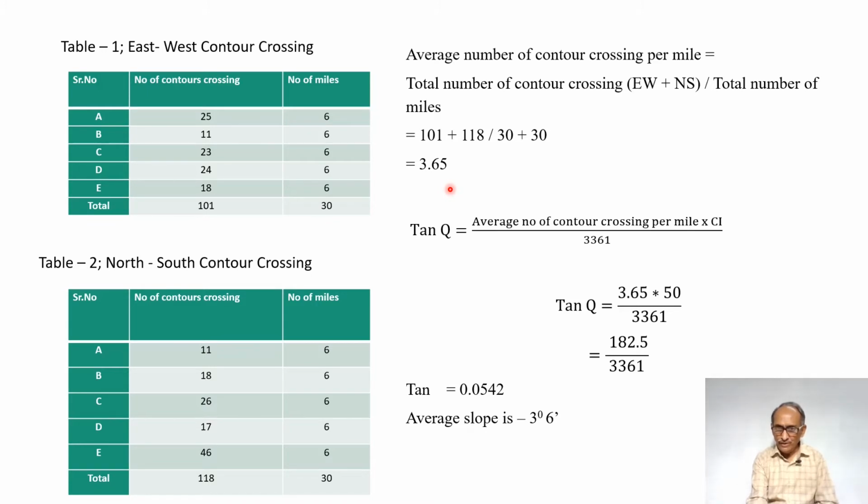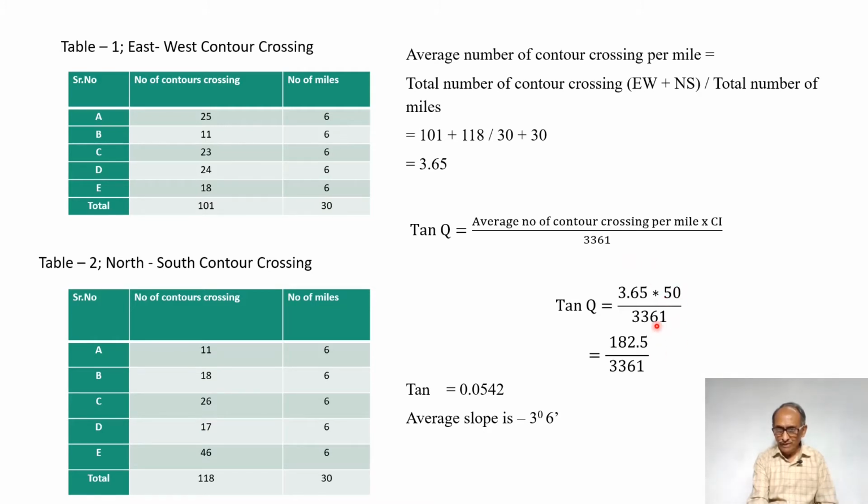Now, in order to find the slope, we use this other formula in which the average number of contour crossings per mile, that is this number which we have put here, is multiplied by CI. CI means contour interval. When you take two adjacent contours and find the difference in height between them, that is called the contour interval, and this is a fixed number, 3361.